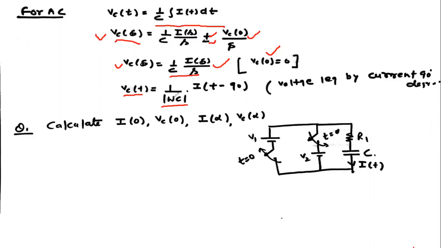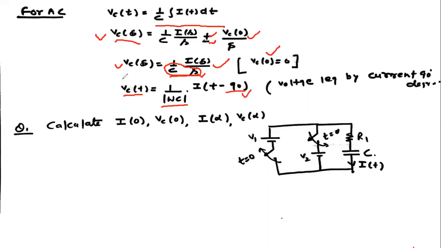This 1 upon j omega provides a phase of 90 degrees in the denominator, so in the numerator the phase becomes minus 90 degrees. So the voltage across the capacitor in the time domain is the current I multiplied by the magnitude 1 upon omega C with a phase difference of 90 degrees.